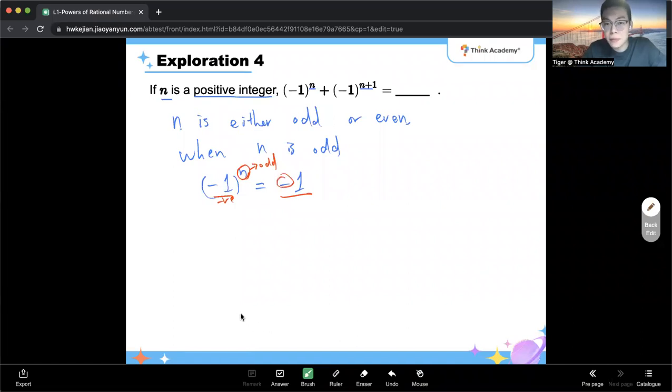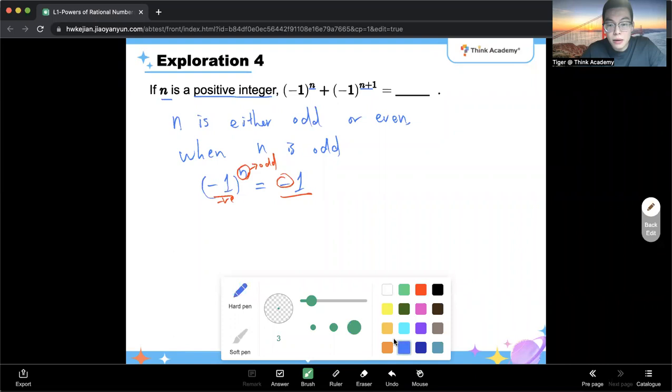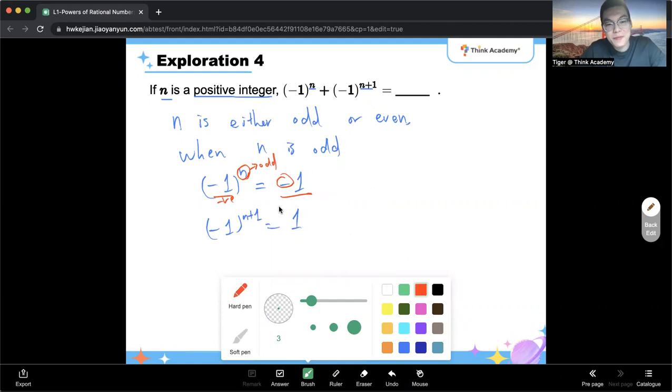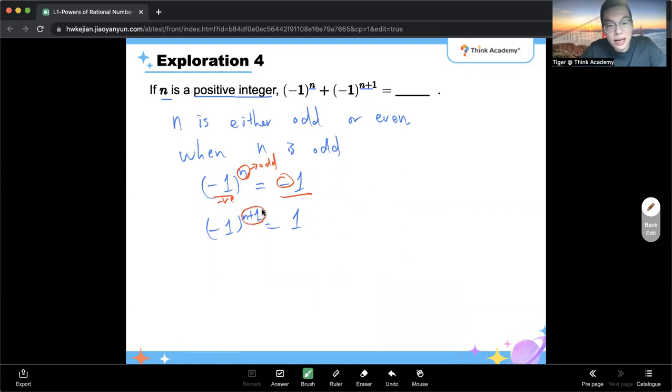But then (-1) to the power of n adding 1 is going to be 1, because this n adding 1 is going to be even, being 1 more than an odd number, right?